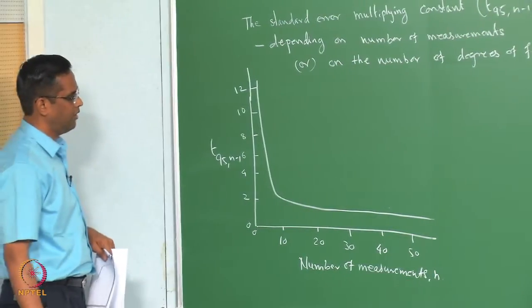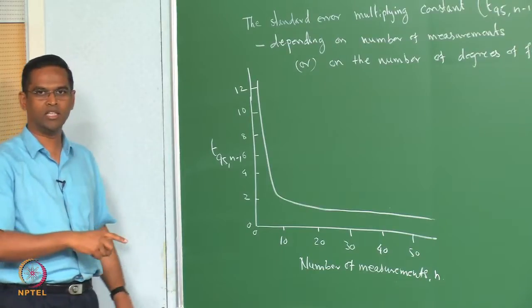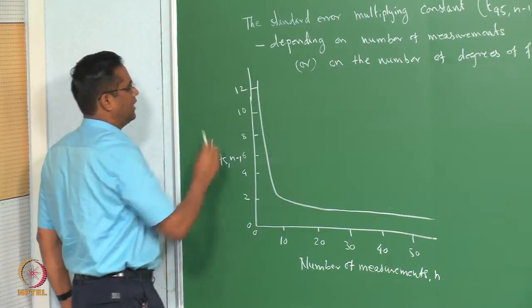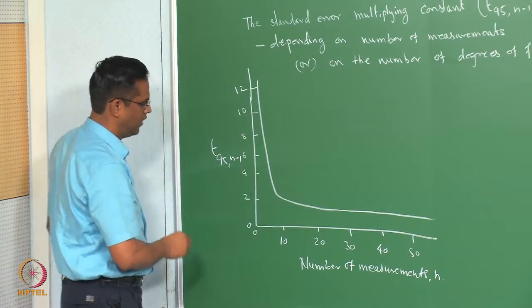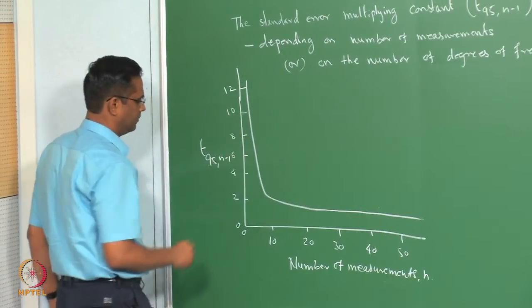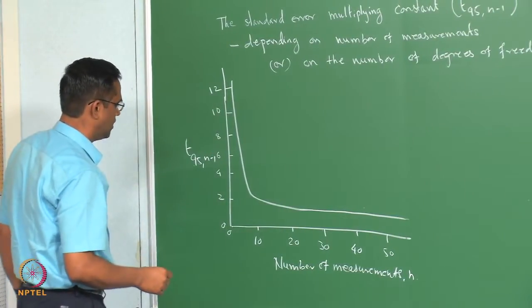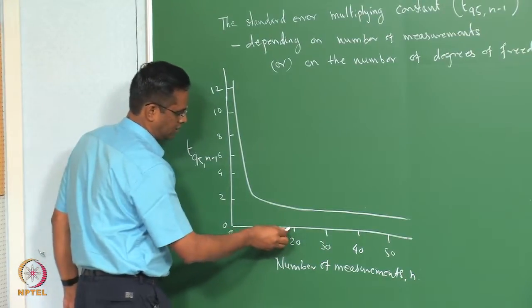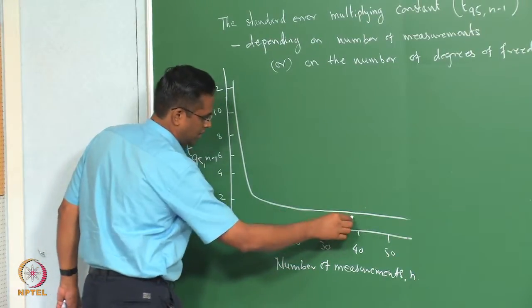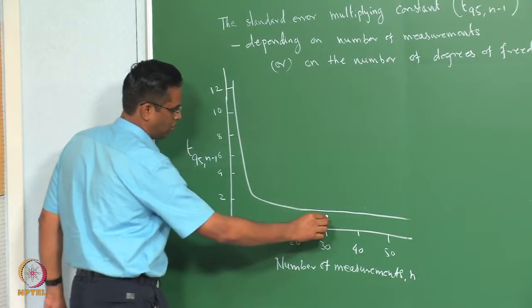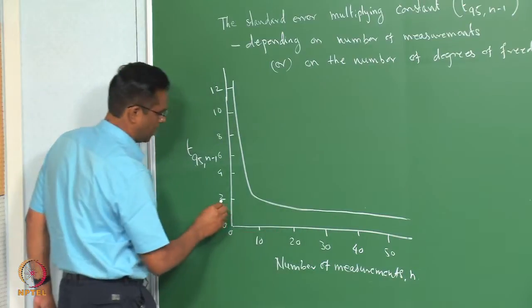If you look at the graph which we have already seen in the last class also, the standard error multiplying constant varies with the number of measurements, small n, like this. You can see that after it reaches beyond 20, the T95 n minus 1 error constant stabilizes around 2.